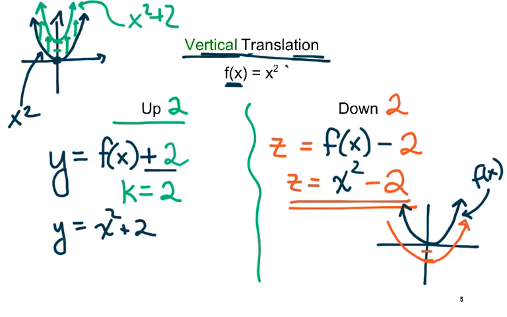So all of the points are going to be moving down 2, all of them, to look like this new graph, which we'll call z, our red graph. And again, the key point here that I want you to remember is pick something to latch on to of the function you're trying to translate. I picked the origin, and I'm moving down 2 points, and this is my new kind of anchor for the new function right here. That helps.